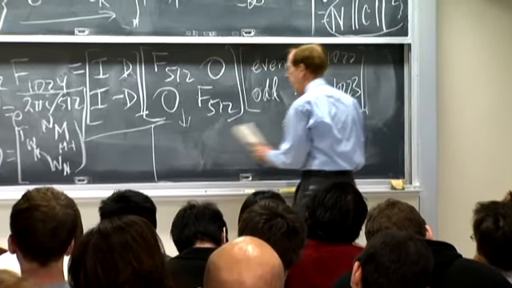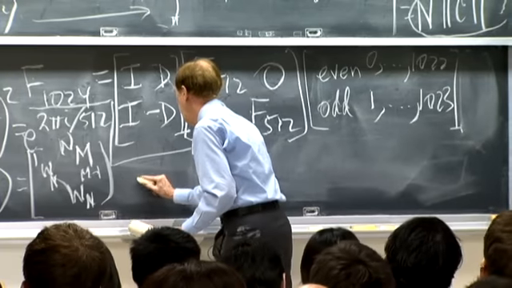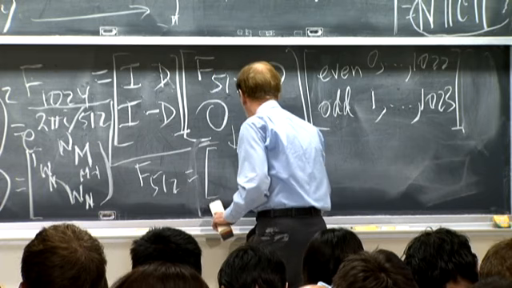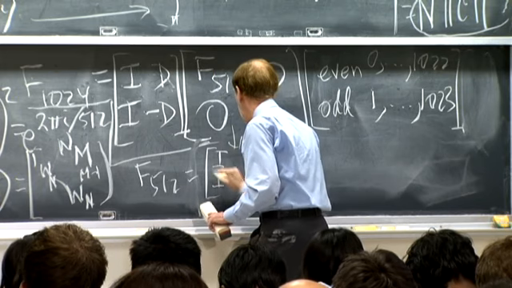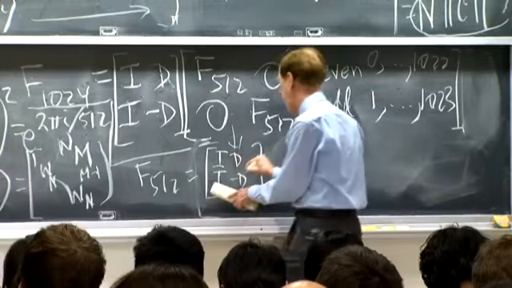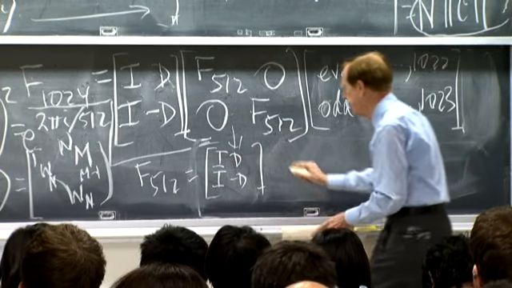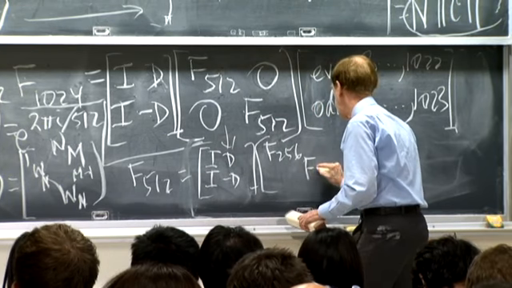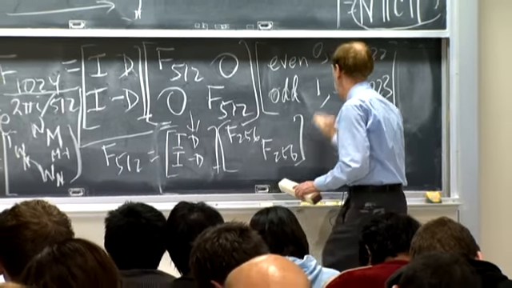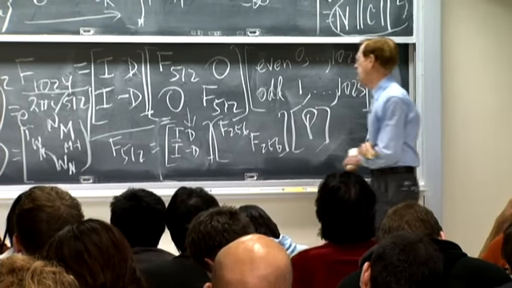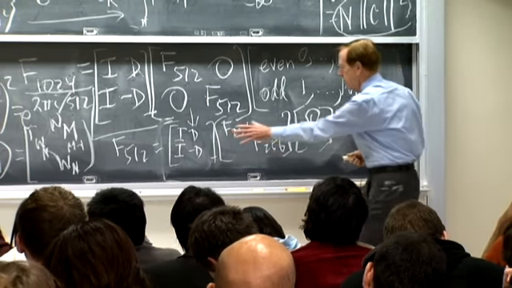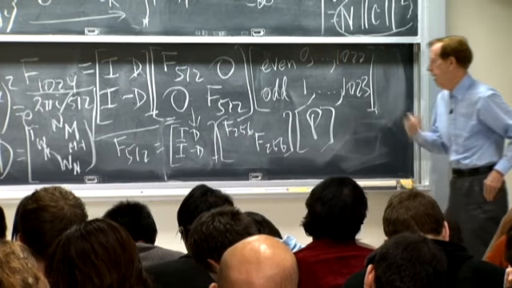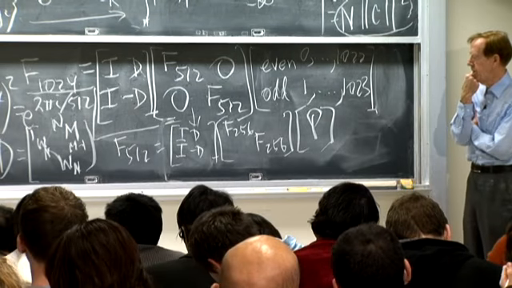So now I have to do, let me write, F512 will be, it's now smaller, an I, and a D, and a minus D for the 512 size of F256, and then the permutation, the odd-even permutation P. So we're doing this idea in there and in there. Yeah, so it's just recursive, right?